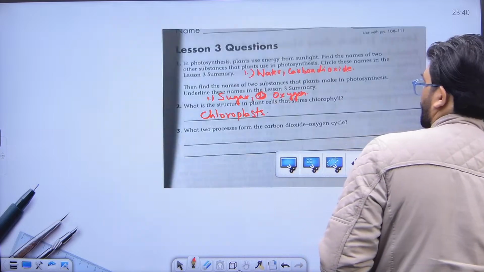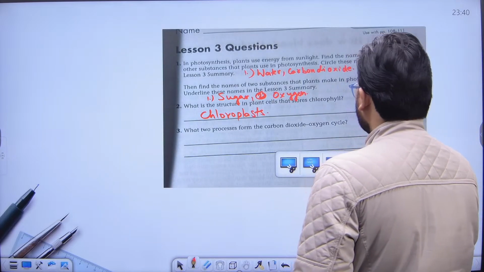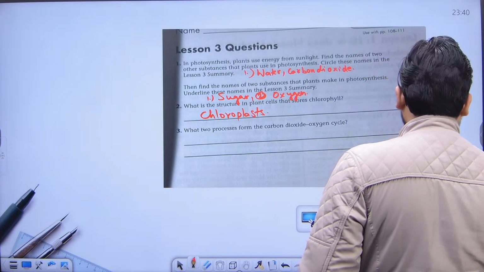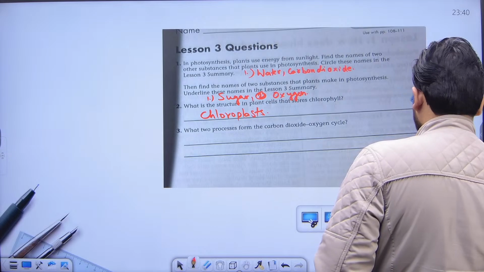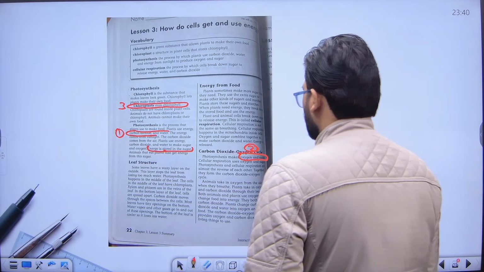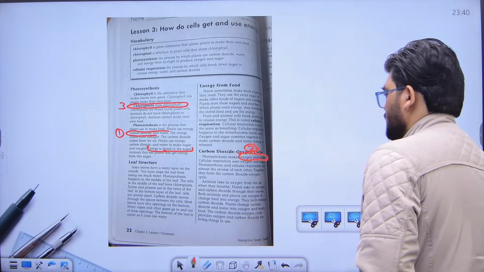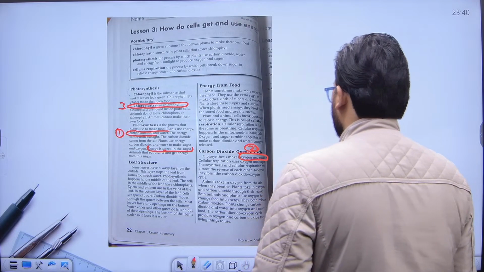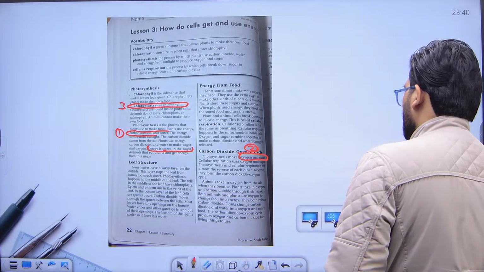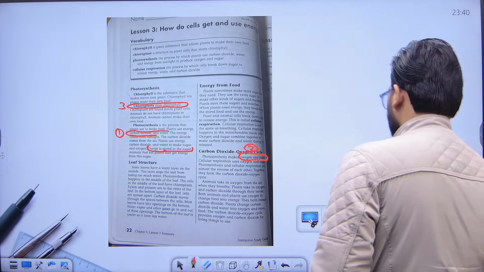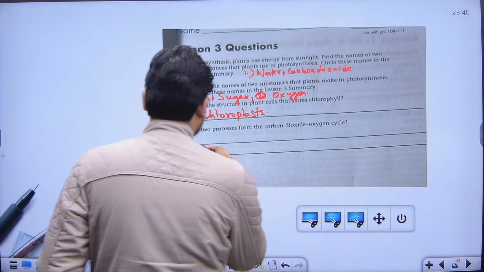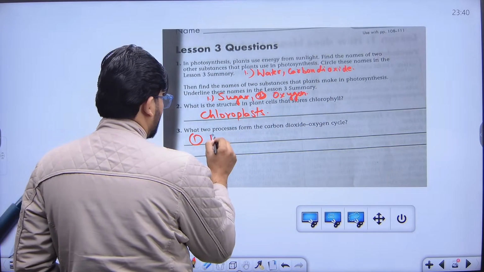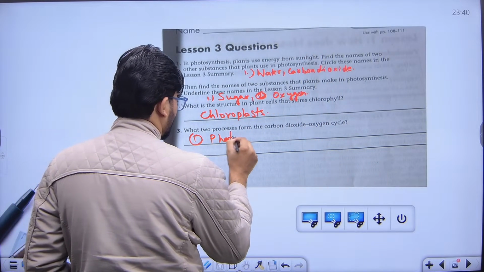What two processes form the carbon dioxide oxygen cycle? So the two processes are photosynthesis and cellular respiration. First process is photosynthesis.